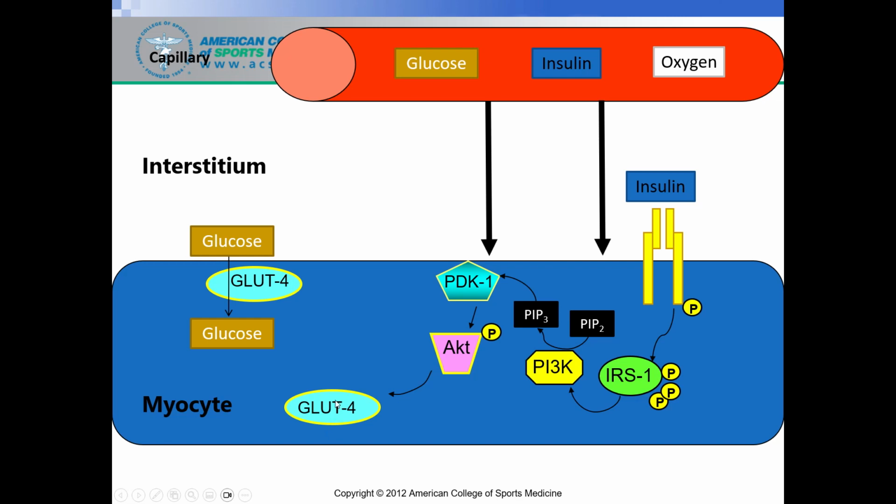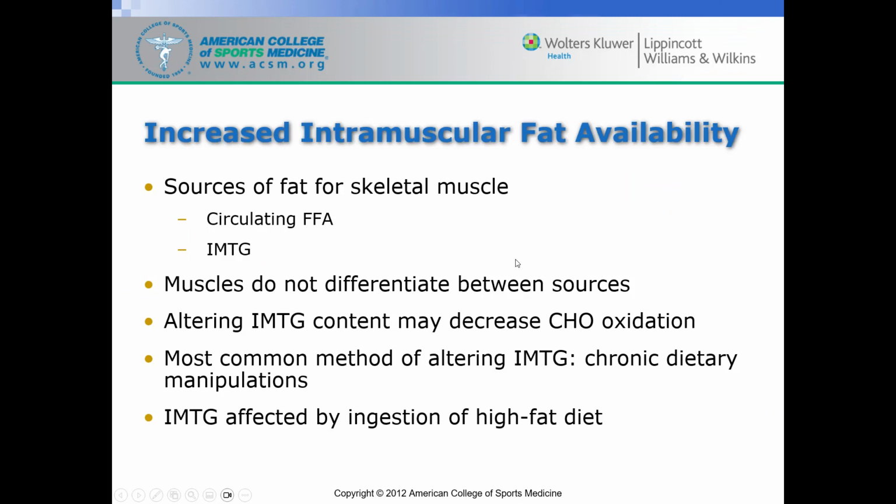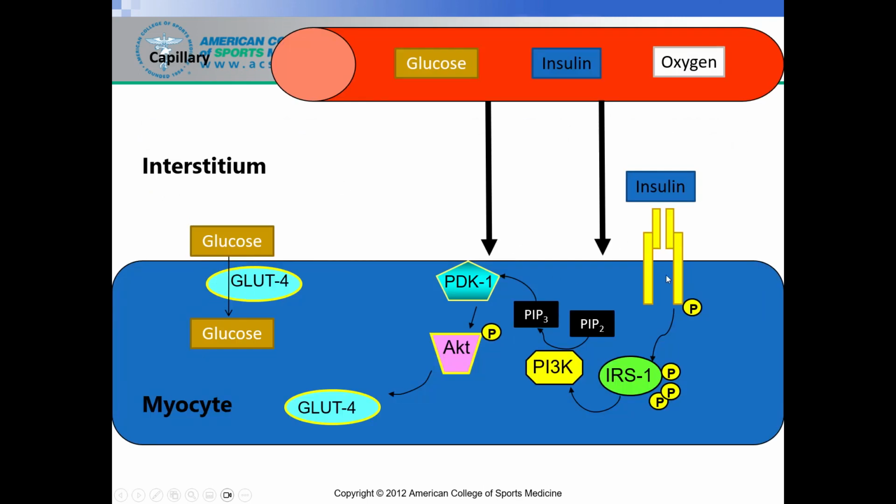Now just to go back to this, when you have a high fat situation, when you have high free fatty acids, what we found a few years ago in rodent models is that infusing free fatty acids or stimulating lipolysis with heparin infusion will actually cause vascular insulin resistance, so the delivery here would be decreased.